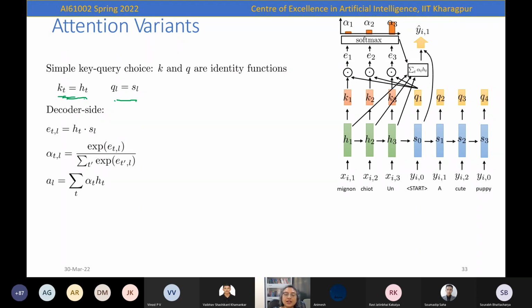So you could have KT is HT, QL equal to SL, or in general, KT is some function of HT and QL is some function of SL. But these functions could be identity functions also, as here. And therefore, as a simple dot product, you get this, and from this, you get alpha TL and AL.